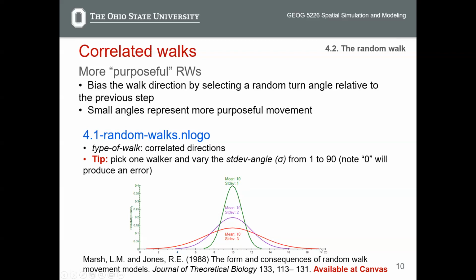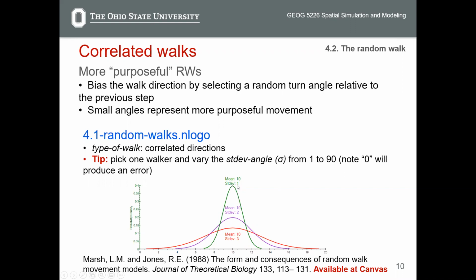What does it mean? The larger the standard deviation angle, the larger the possible value range for your turn angle. So if you want your walk to be more purposeful, should you use a smaller standard deviation or a larger one? Of course, a smaller one.